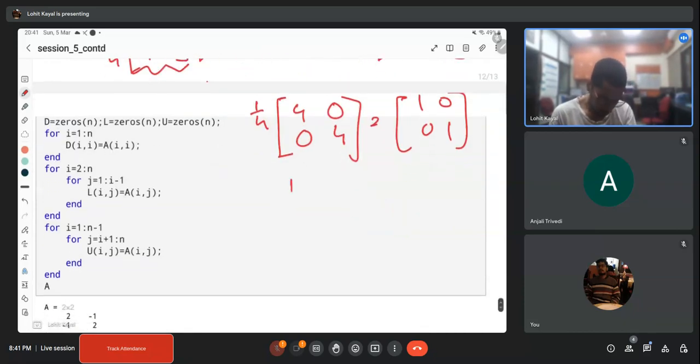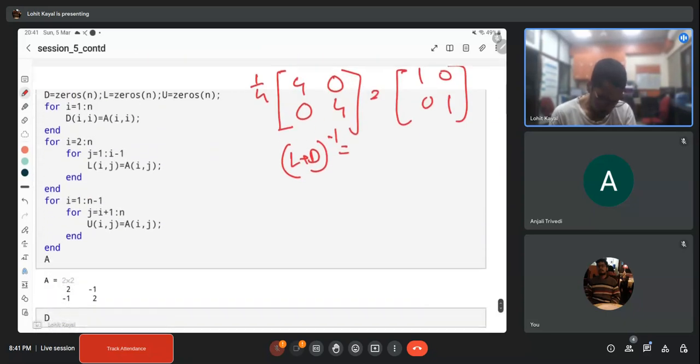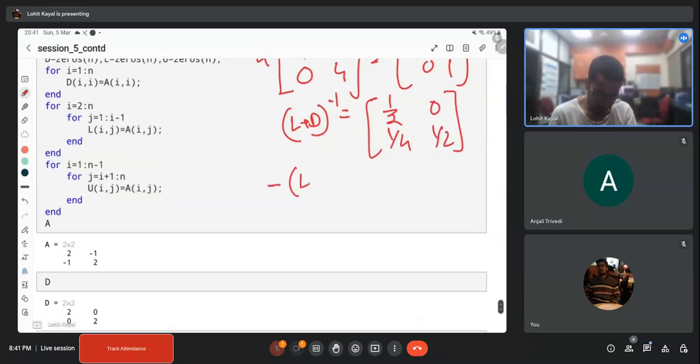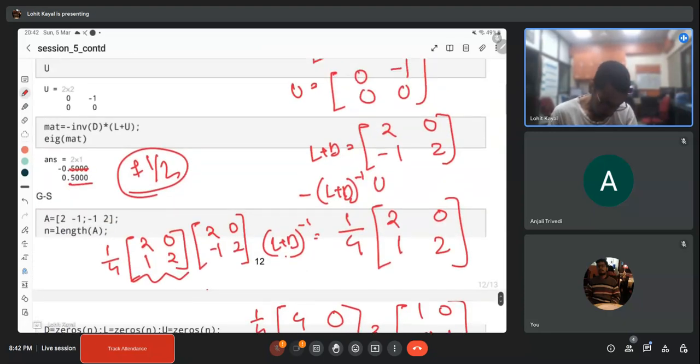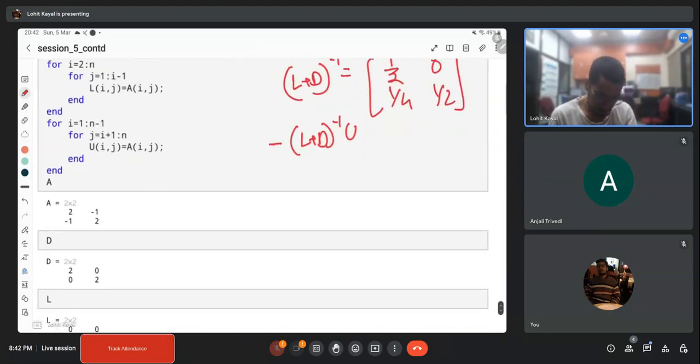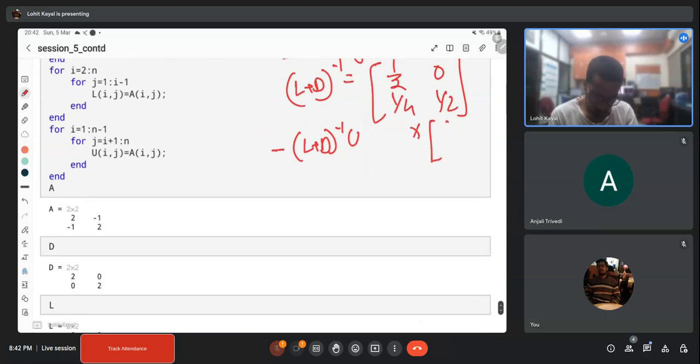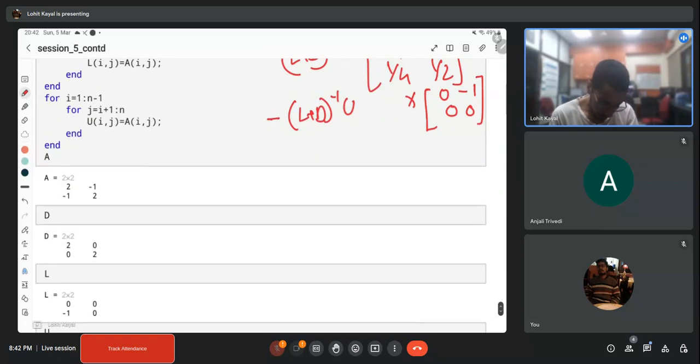So the inverse of L plus D is equal to half 0 1 over 4 half. Now I need to calculate minus the inverse of L plus D times U. What is your U? 0 minus 1 0 0. So multiplying with that, what will be the final result?